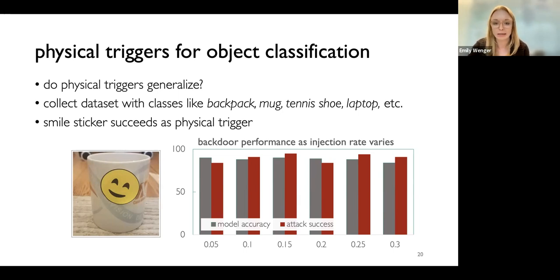This graph is showing how the trigger performs as the injection rate, which is the percent of poison data in the data set, increases. As you can see, even when only 5% of the data set is poisoned, the attack is still quite successful. So this is a small scale validation that it's not a facial recognition specific phenomenon, but that physical backdoors are a relevant threat vector in other domains as well.